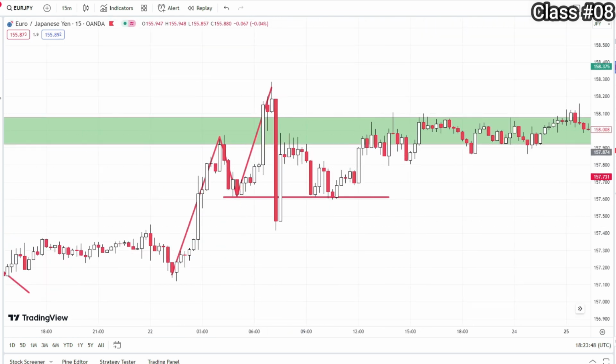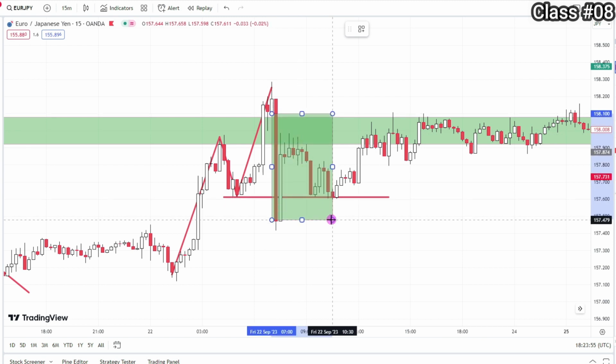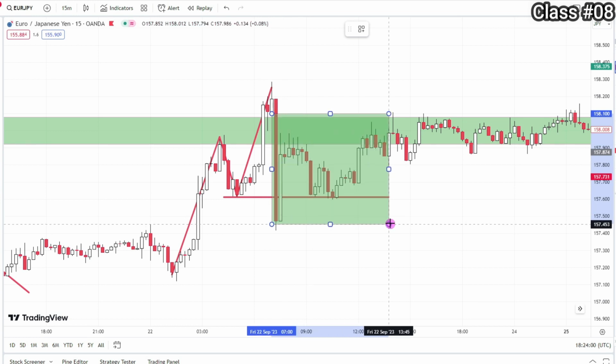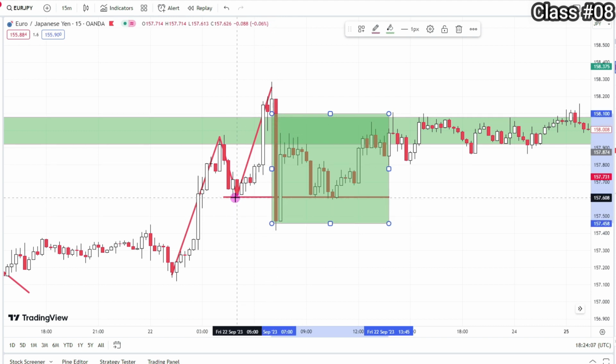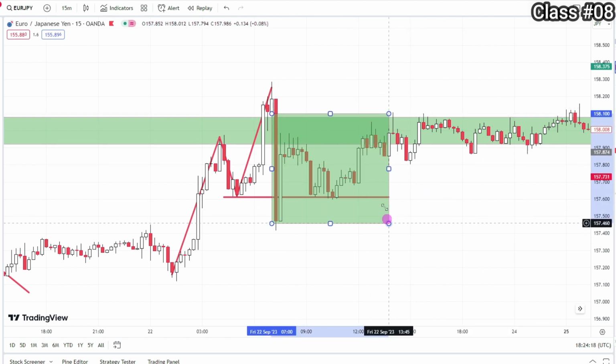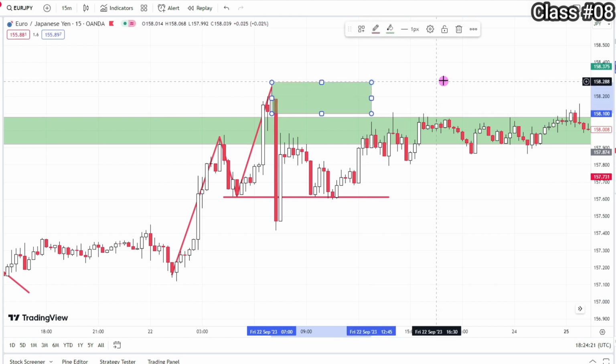So first we need to find the higher high zone, but there's only one candle. So this is the whole imbalance zone between this first candle and this third candle. This buy candle is the third candle, because when this candle closes and breaks this structure, this third candle starts. So this whole zone is an imbalance zone, and the market needs to fulfill this zone at this first candle range.